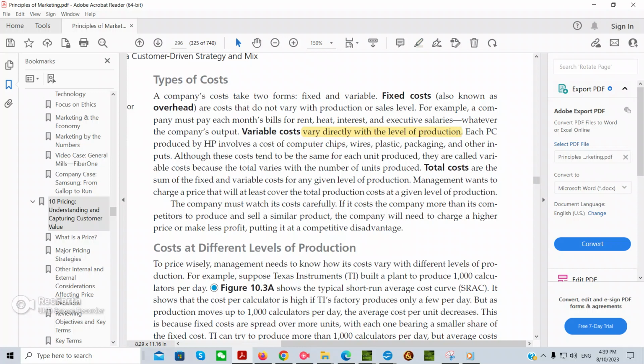Okay? So it depends on how much you produce. If you're producing the same amount every month, then your costs are the same, because you have to consider per unit how much it costs to produce that one unit. Say it costs $10. One month you produced 1,000, the next month you produced 10,000.